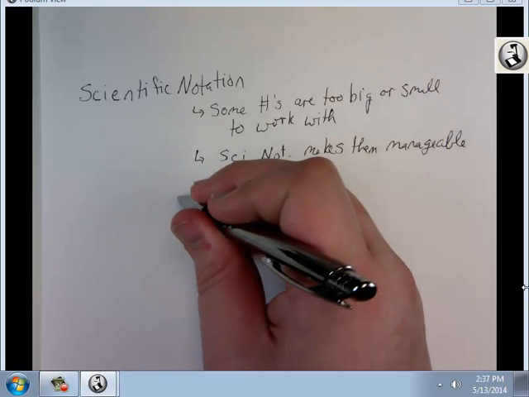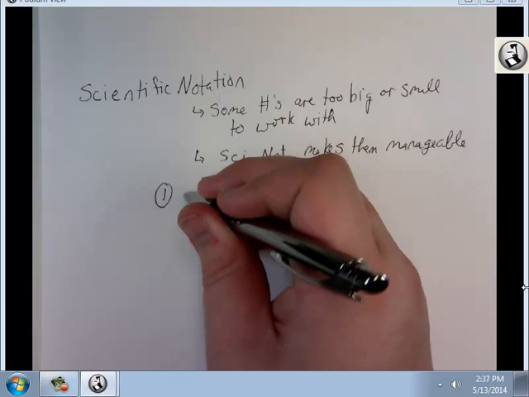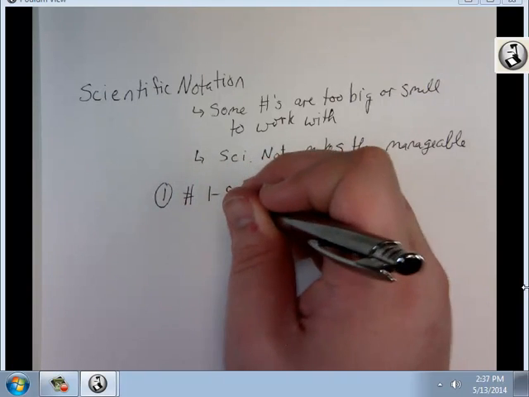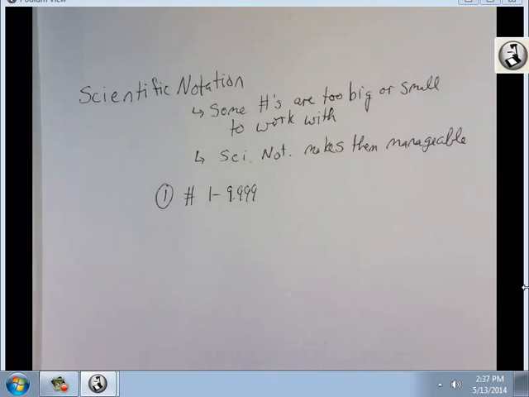A number in scientific notation needs two things. First, you need to have a number from 1 to 9.999. So 1 is the smallest, and 9 with a bunch of 9s after the decimal point is the biggest that you can go.